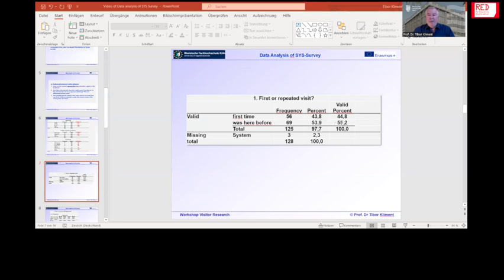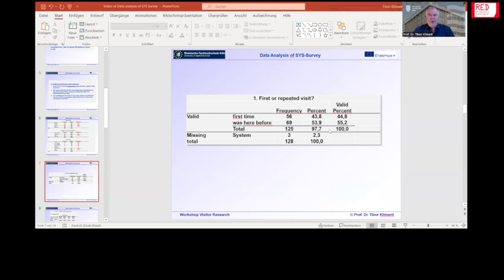And here we can see that there is a share of 44.8 first-time visitors and 55.2 that have been before. So it's almost half to half.